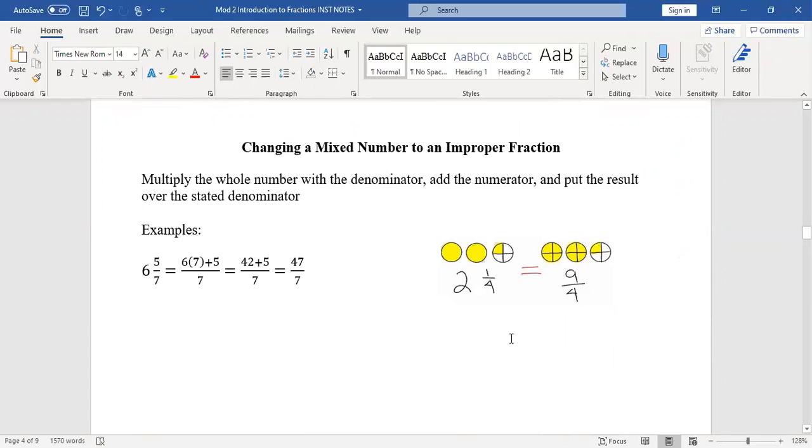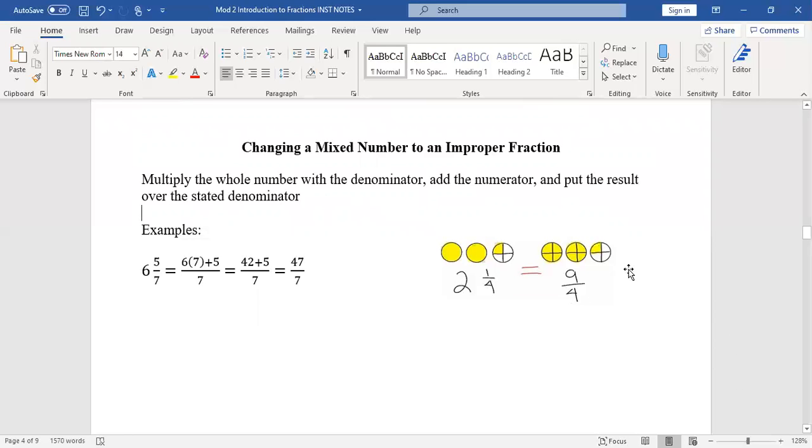If I have 6 and 5/7, and I want to change that to an improper fraction, I take the whole number, which is 6, times the denominator, which is 7, and I get 42. I add that 42 to the numerator, which is 5, which gives me 47. And I put that 47 over the denominator that I was given. So 6 and 5/7 becomes the improper fraction 47/7.